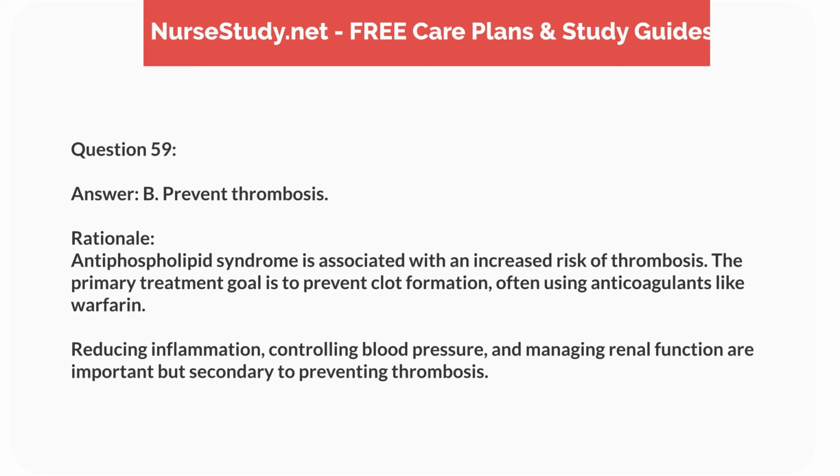Answer: B. Prevent thrombosis. Rationale: antiphospholipid syndrome is associated with an increased risk of thrombosis. The primary treatment goal is to prevent clot formation, often using anticoagulants like warfarin. Reducing inflammation, controlling blood pressure, and managing renal function are important but secondary to preventing thrombosis.